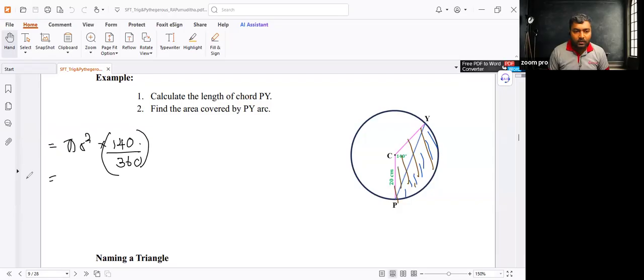Then as the next step, you have to find this black colored area. You know this red color part is a triangle. So what you have to do is find this total area and subtract the triangular area from it. Understood?